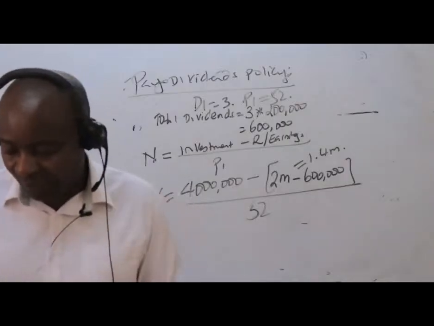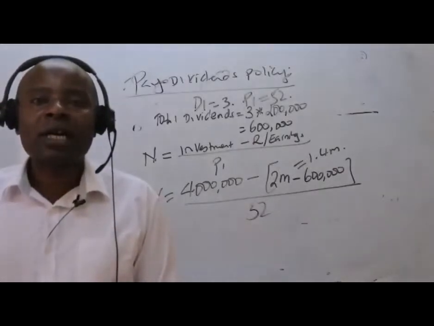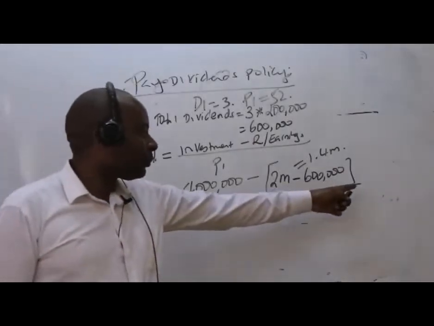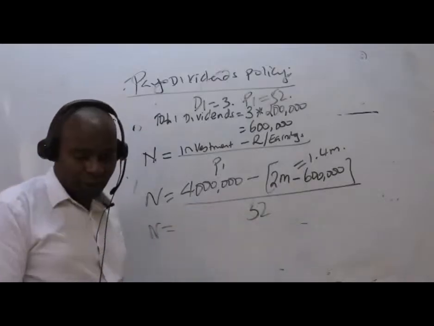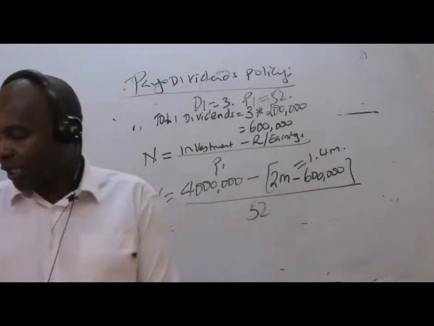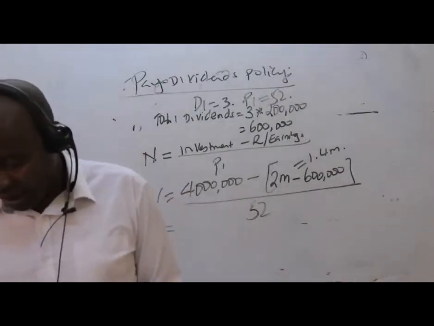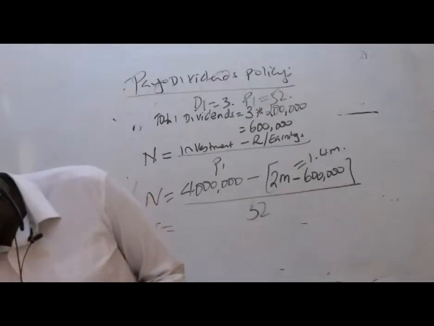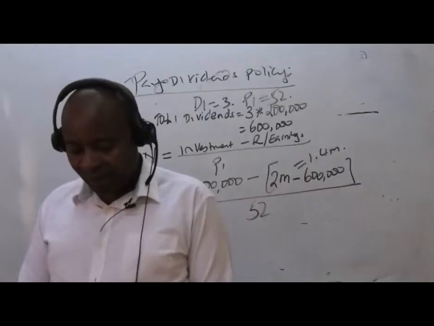Then, ladies and gentlemen, if that is the case, why don't you go ahead and give me this figure? The new shares here will be equal to what? JB tells me 10 million. Is there any other person who is getting the 10 million?